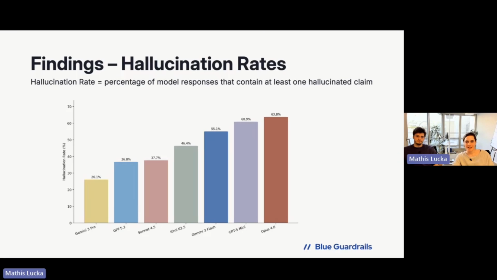You can see here, Gemini 3 Pro had a hallucination rate of, let's say, only 26.1%, and performed so much better than, for example, the big Anthropic Opus 4.6, right? Even though that was very recently released, pretty famous for a lot of things. But we saw in this use case that we posed, it did not perform very well. So we saw hallucination rates between 26 and 64 almost.